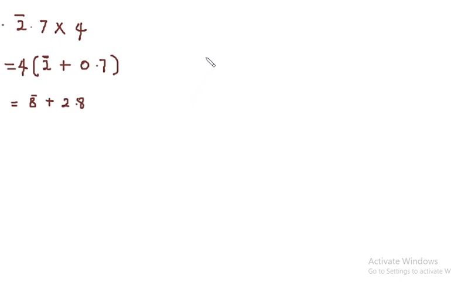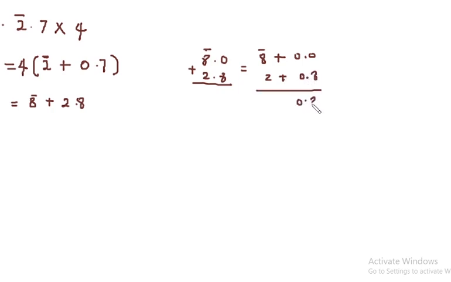So we know that 8 bar plus 2.8 is 8 bar plus 2 plus 0.8, and this is 6 bar plus 0.8 if you add them together. So this is equal to 6 bar 0.8.